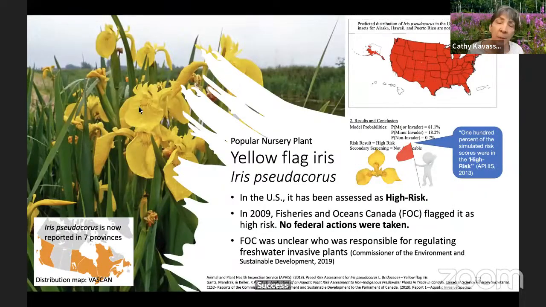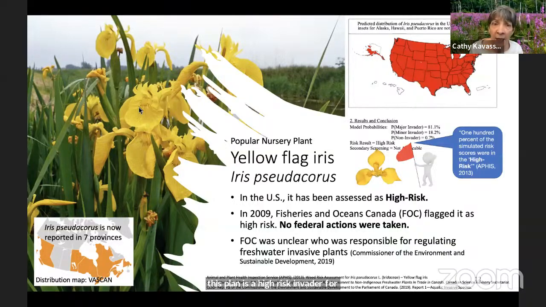What happens when a plant like yellow flag iris, which is popular in the nursery trade, gets identified as invasive? Like purple loosestrife, it is an invader of wetlands. The map on the upper right is a US risk assessment. 100% of the simulated risk assessment scores indicate this plant is a high-risk invader for most of the United States.